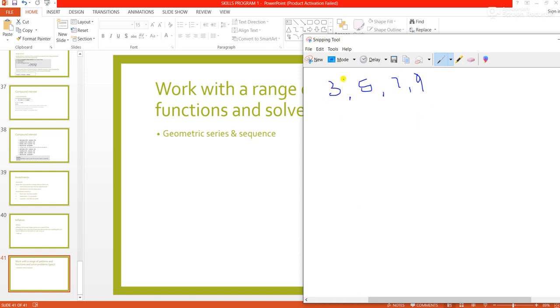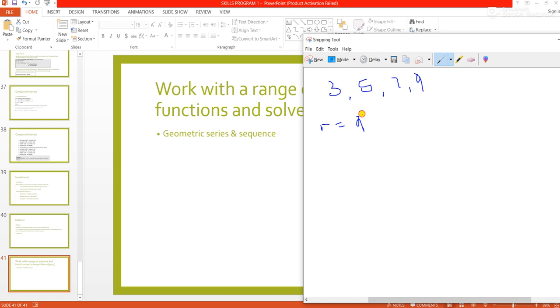How can we determine that this is a series or a sequence? In geometric, there's a common ratio that you find within the series that you have. So for a common ratio, we've got a formula.